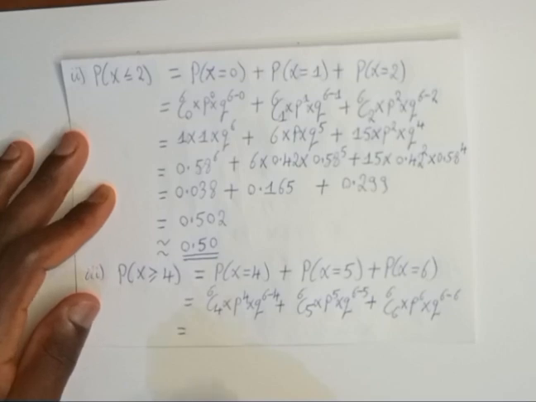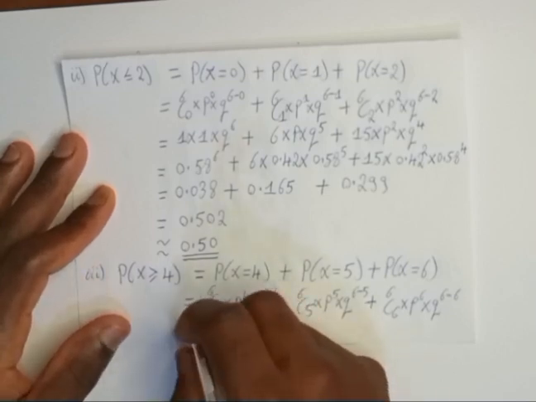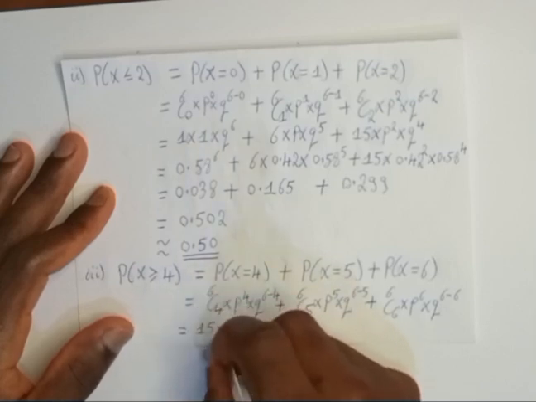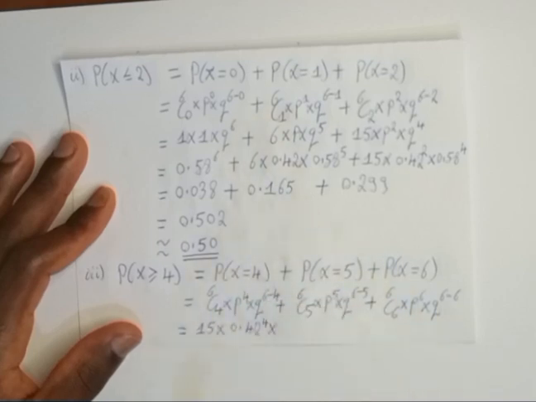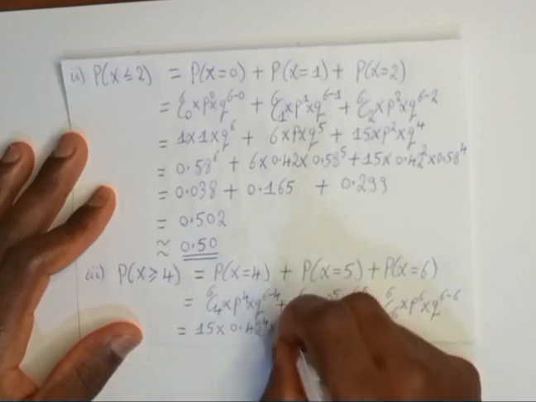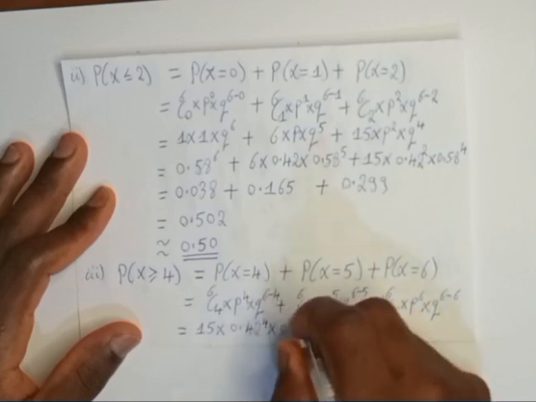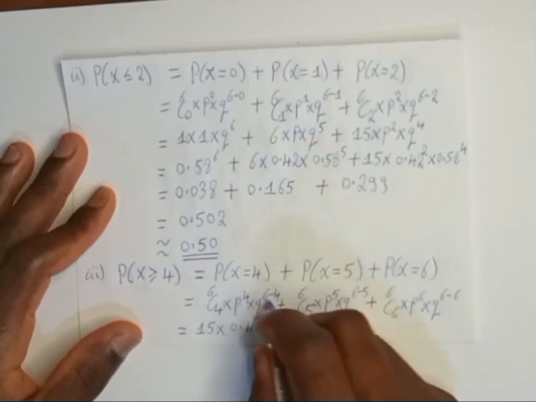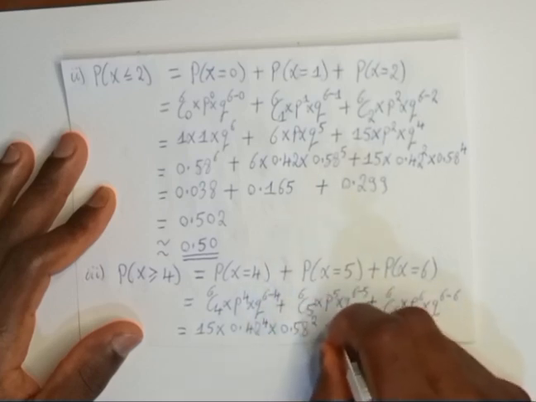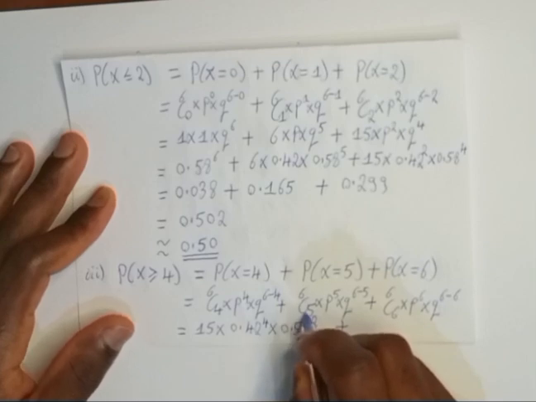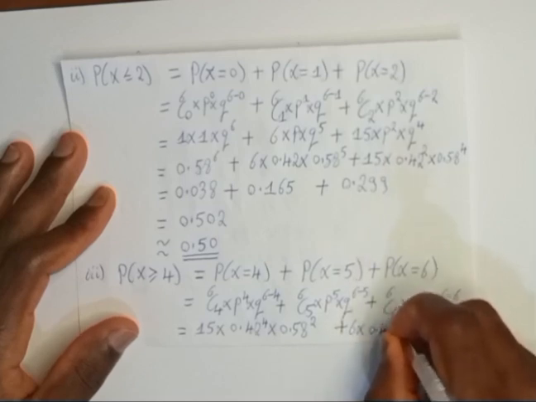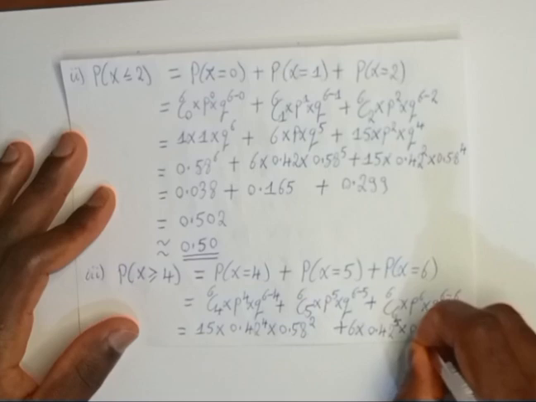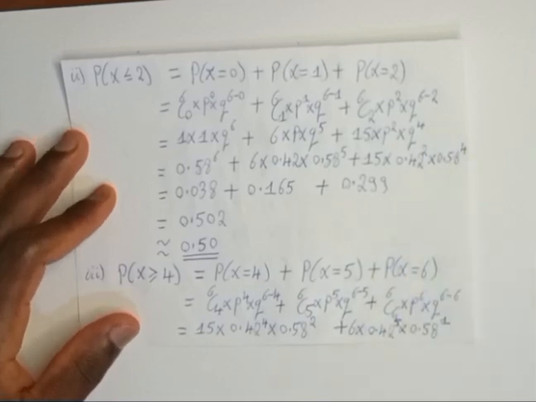This will simply be equal to 6 combination 4 gives us 15 times 0.42 to the power 4 times q, which is 0.58 raised to the power 6 minus 4, which is 2, plus 6 combination 5 gives us 6 times 0.42 to the power 5 times 0.58 to the power 1.